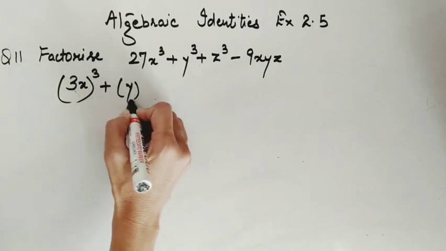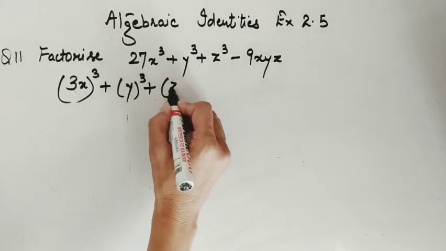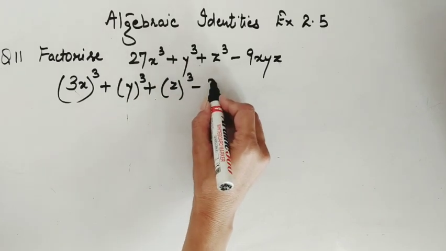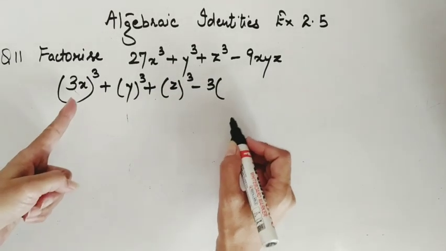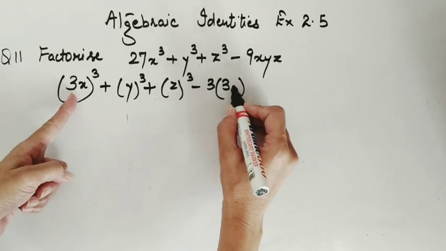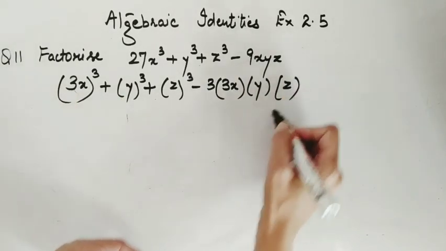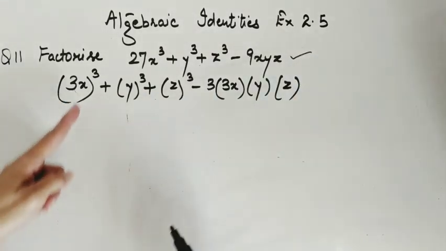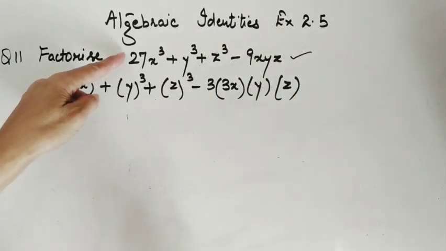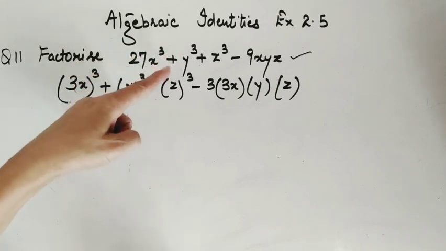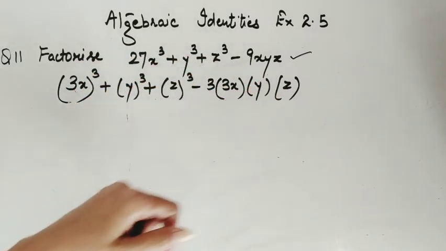This is y whole cube. This would be z whole cube minus 3 times x, or you can say 3 times a, then b and c. So this formation would be 27x cube plus y cube plus z cube minus 9 times xyz.